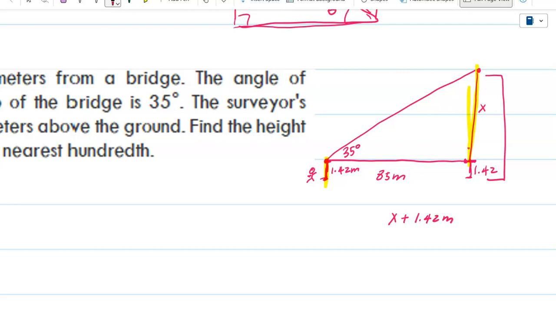So here's the right triangle. There's the angle that we're using. It looks like these x and 85 are two legs. So tangent of 35 equals opposite over adjacent. So x equals 85 times tangent of 35. And remember, I want the exact values for these.